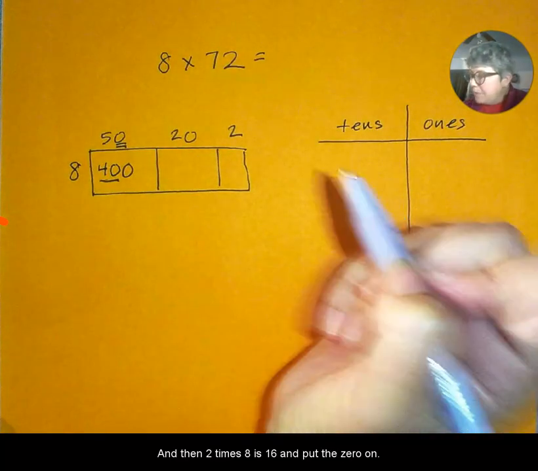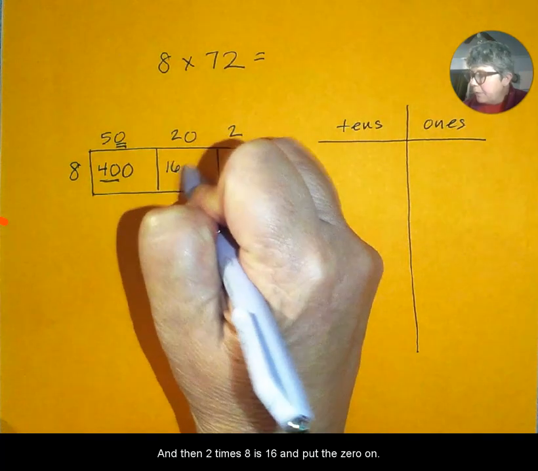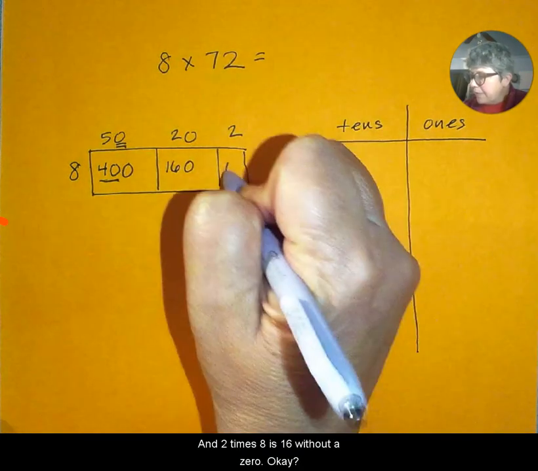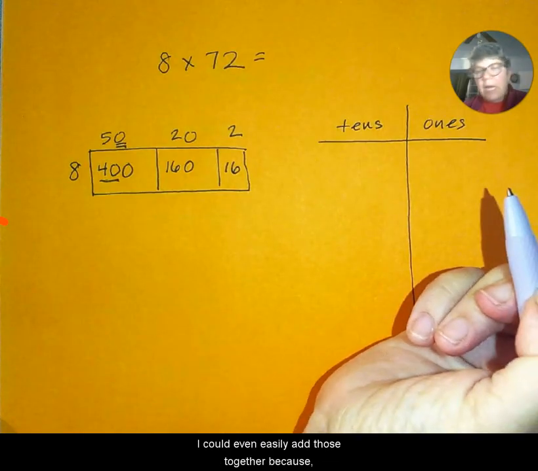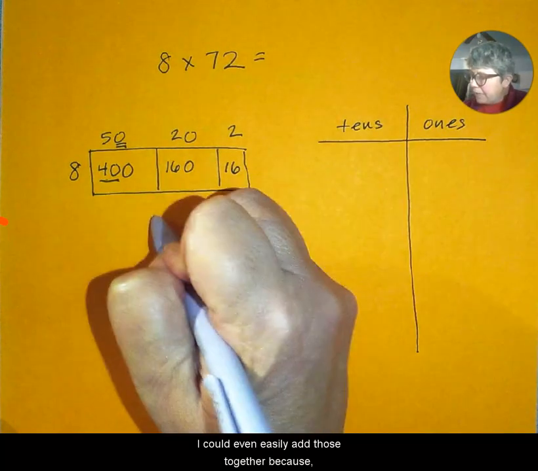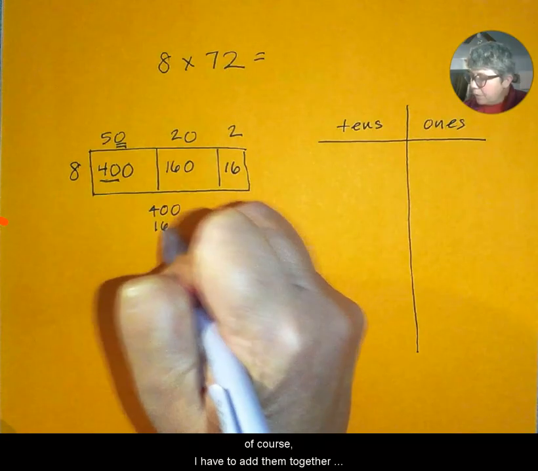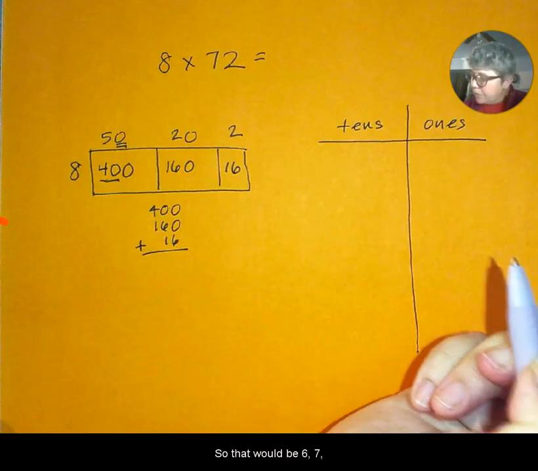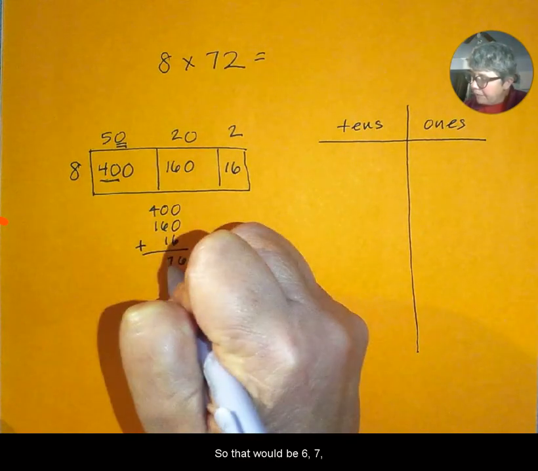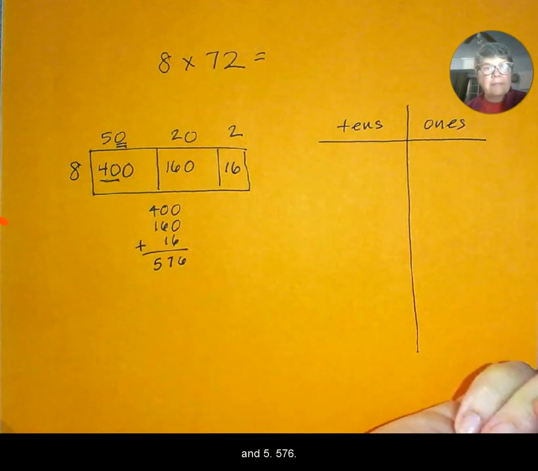And then 2 times 8 is 16, and put the 0 on, and 2 times 8 is 16 without a 0. Okay, so then I can see all of my pieces. I could even easily add those together, because of course I have to add them together because that's my answer, right? So that would be 576.